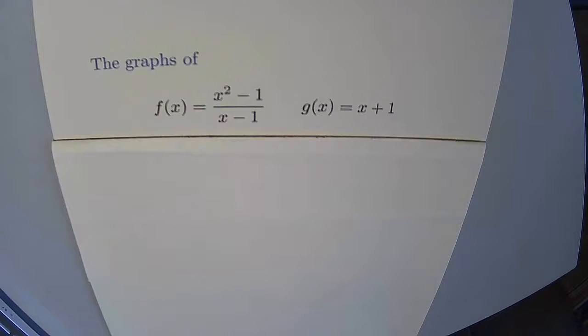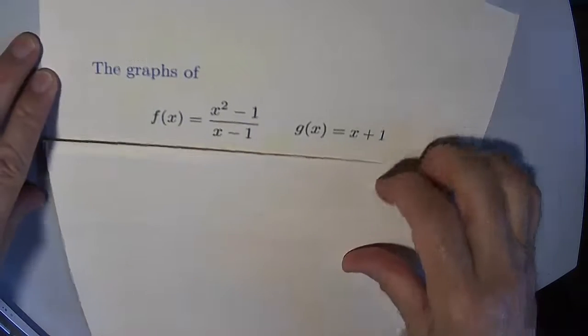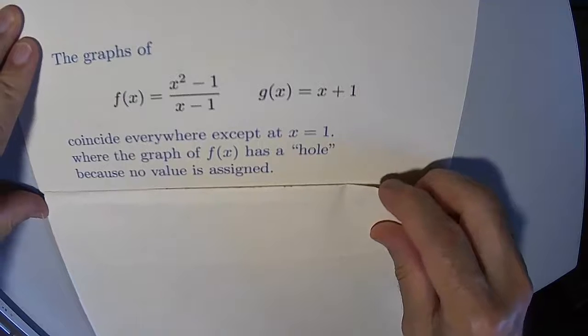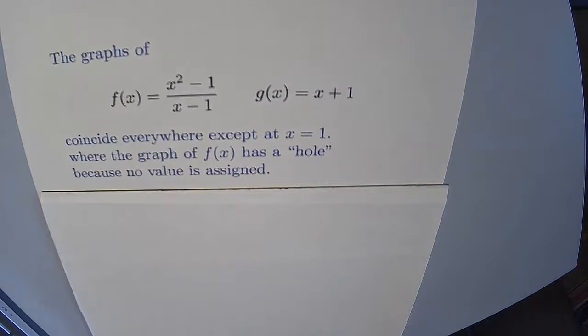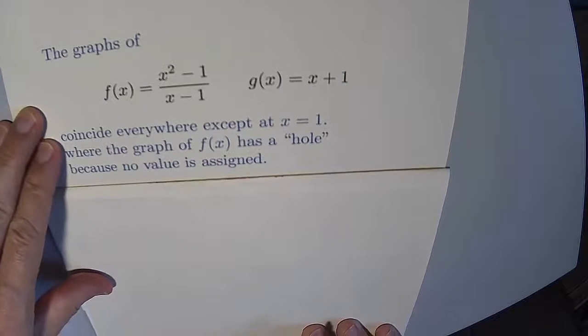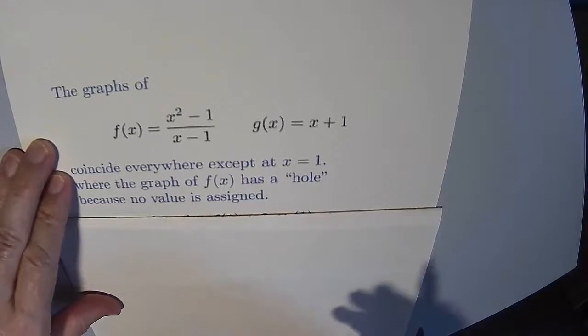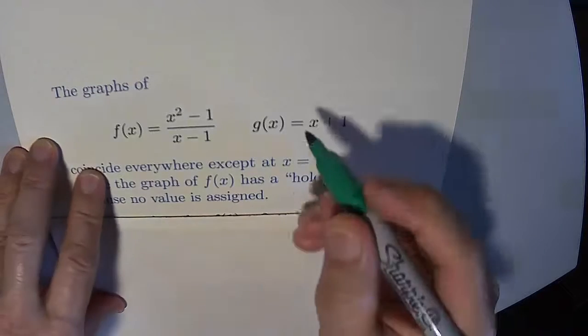So we've seen that these two functions are exactly the same function everywhere except at x equal to 1, where f is not defined, but g is defined, and in fact g of 1 is equal to 2. Now, if I draw the graph of f, basically what I'll do is to graph g and skip a point on that graph.